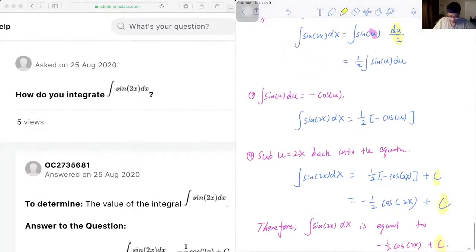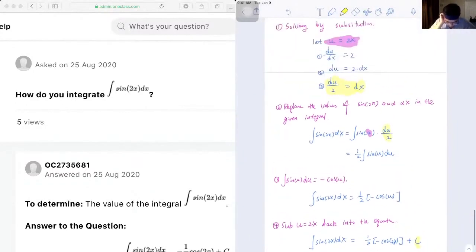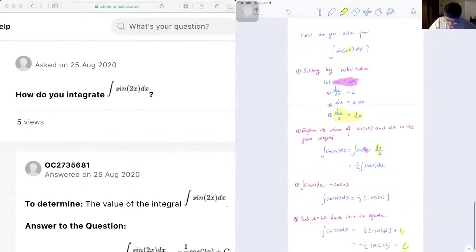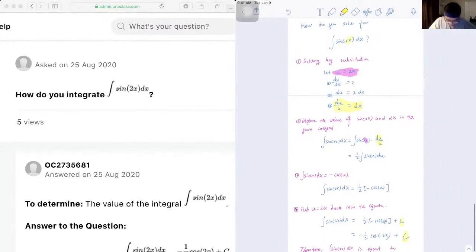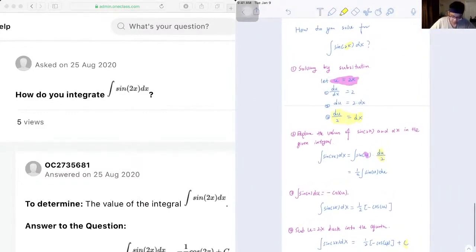Okay. And let's just recap this question. So whenever we see a question or integral like this, and maybe it's a 3x or 4x, something like that, in the bracket, we always solve by substitution.